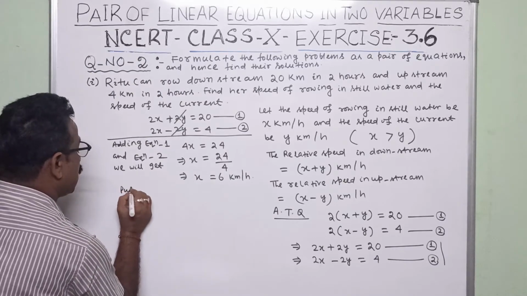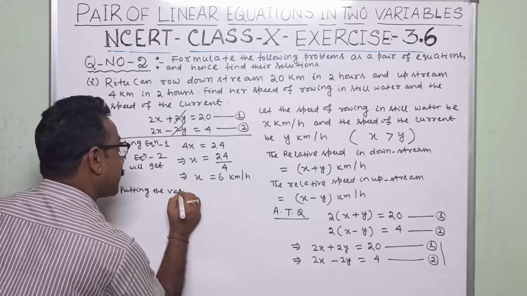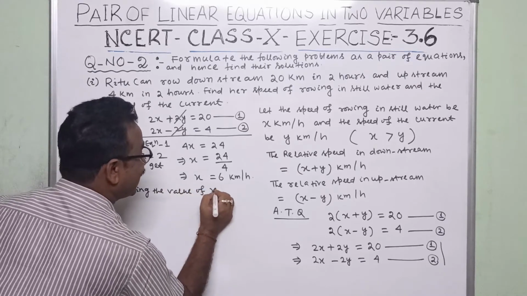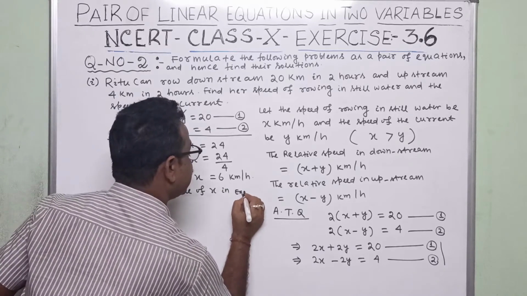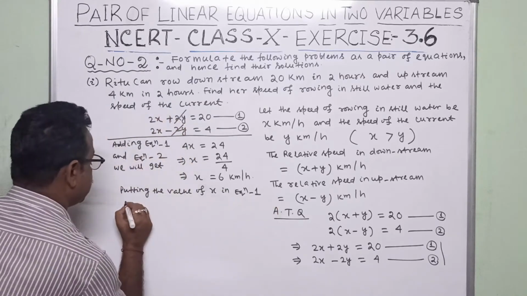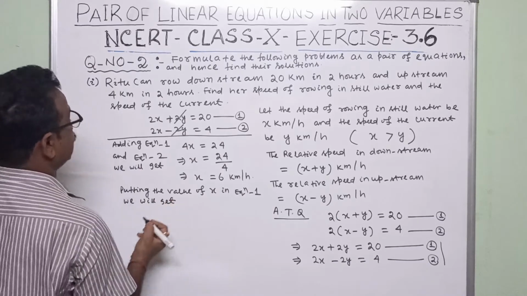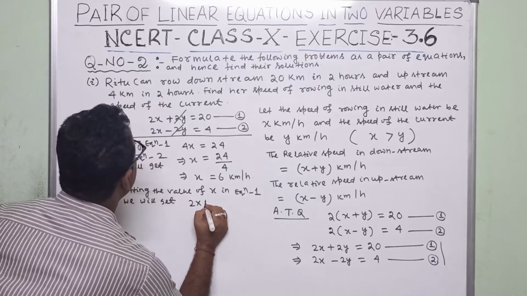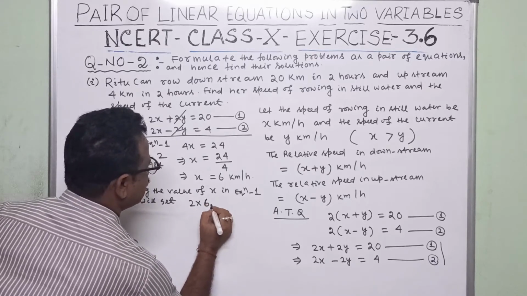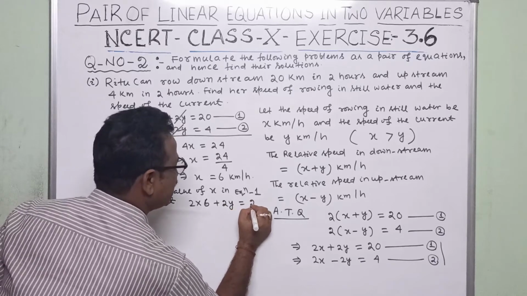Now putting the value of x in any equation, in equation 1, we will get 2 into 6 plus 2y is equal to 20.